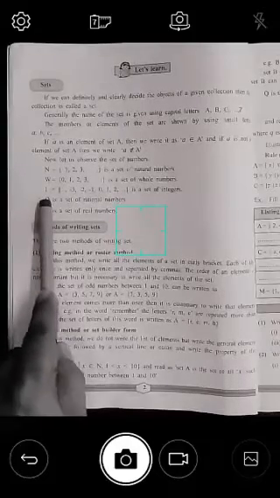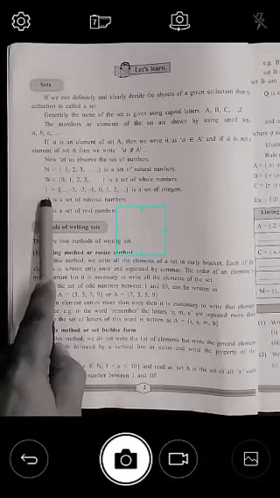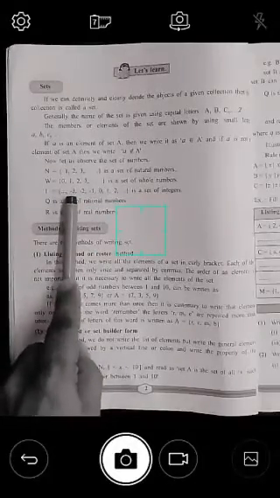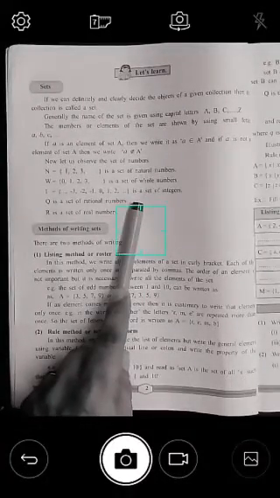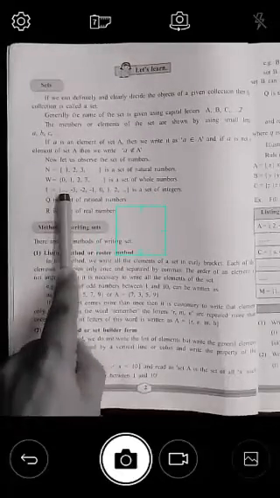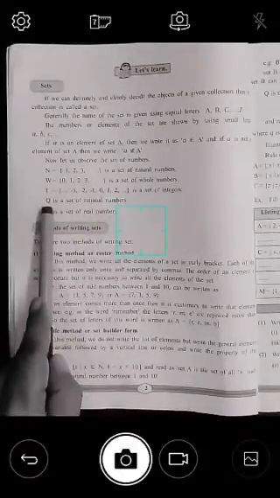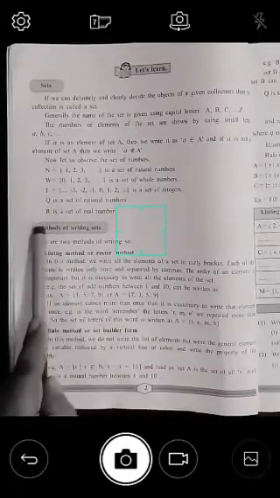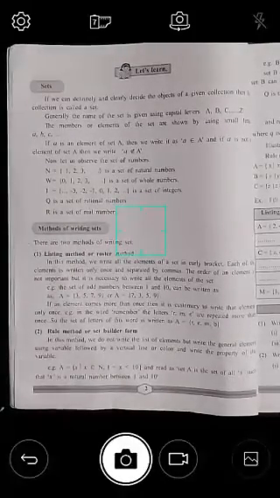Then the set of integers is represented by capital I, and is shown here as ..., -3, -2, -1, 0, 1, 2, etc. These are all infinite sets. And also Q, which is the set of rational numbers, and R, which is the set of real numbers. These are all called infinite sets.